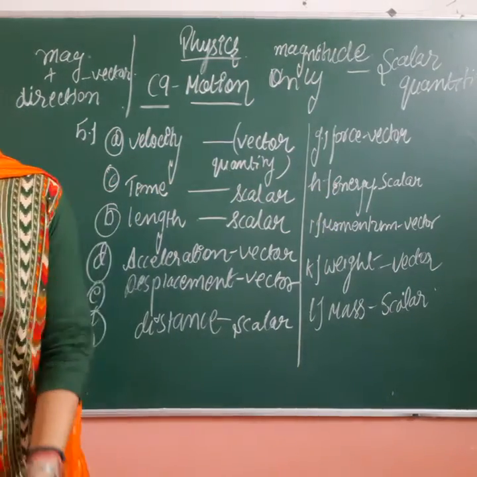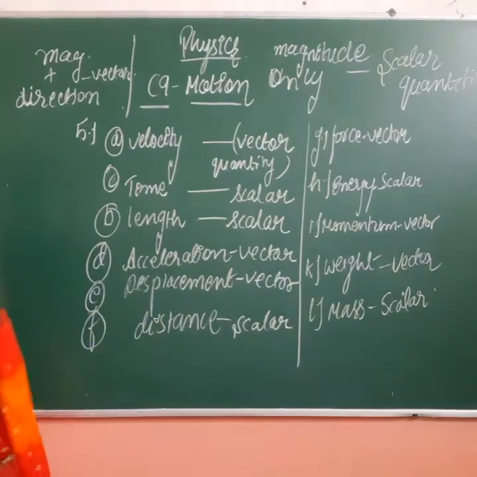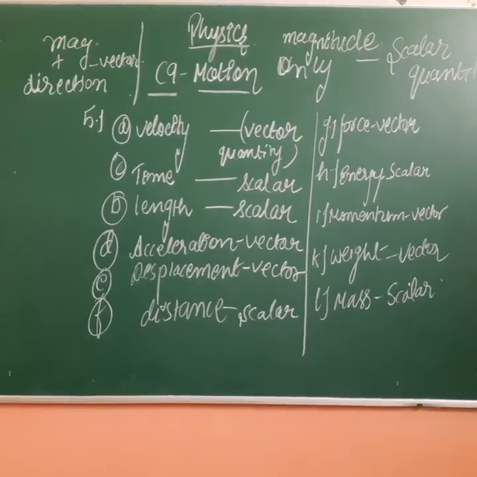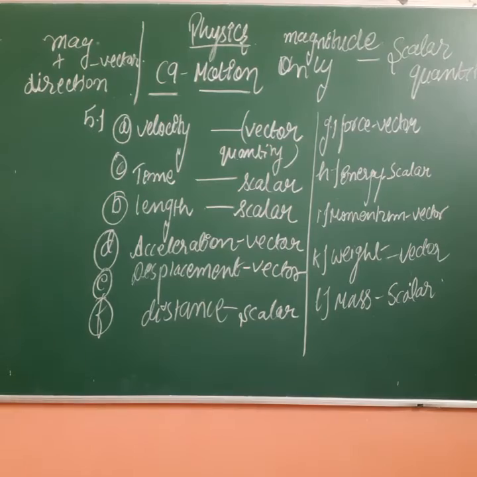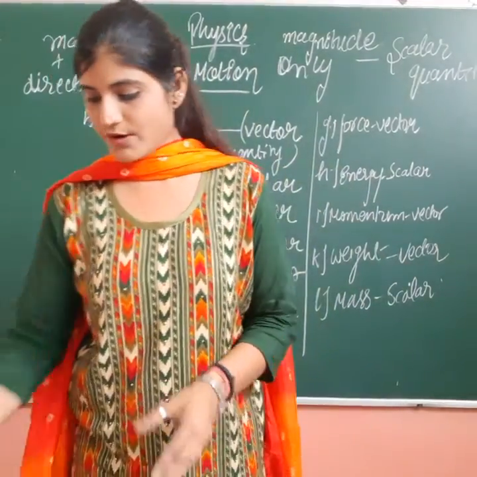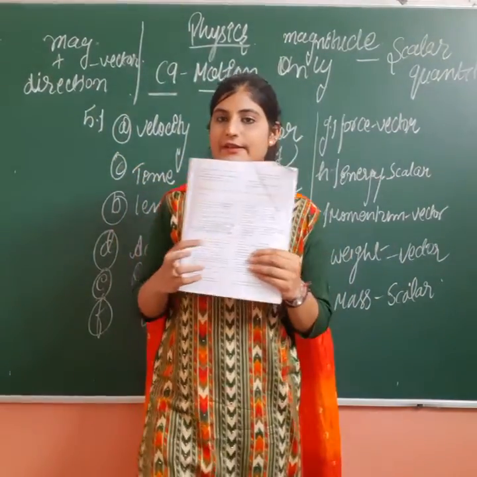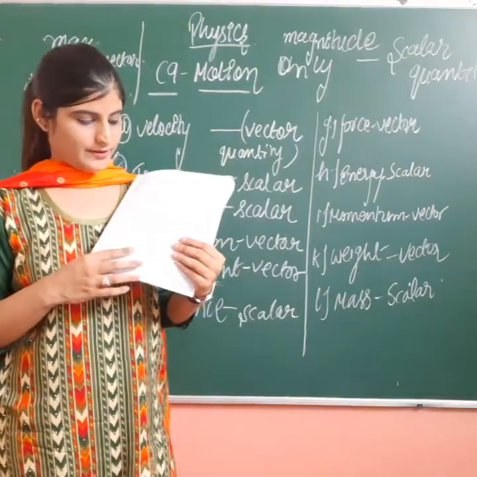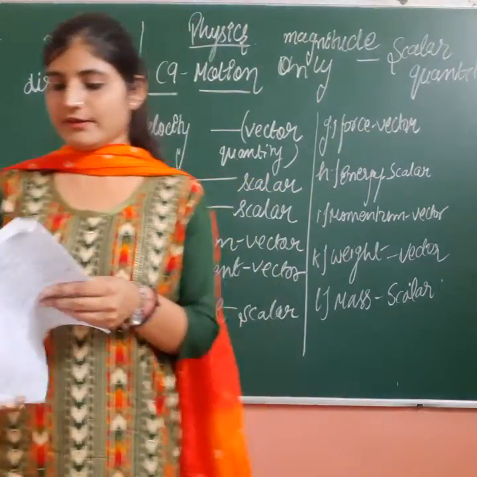Okay? Just write down this part quickly in your notebooks and do the worksheet in your notebooks. We'll discuss it in our next lecture. Okay? That's all for today. Thank you.